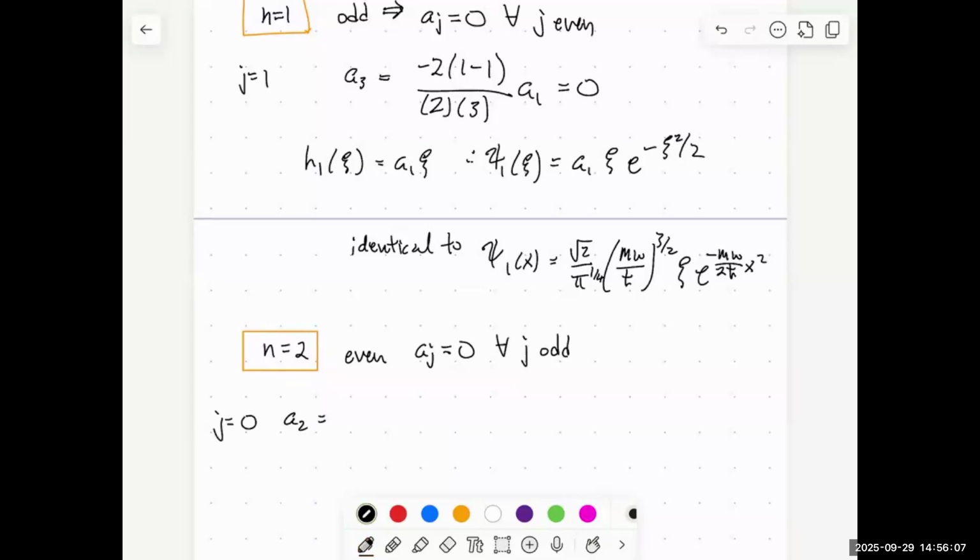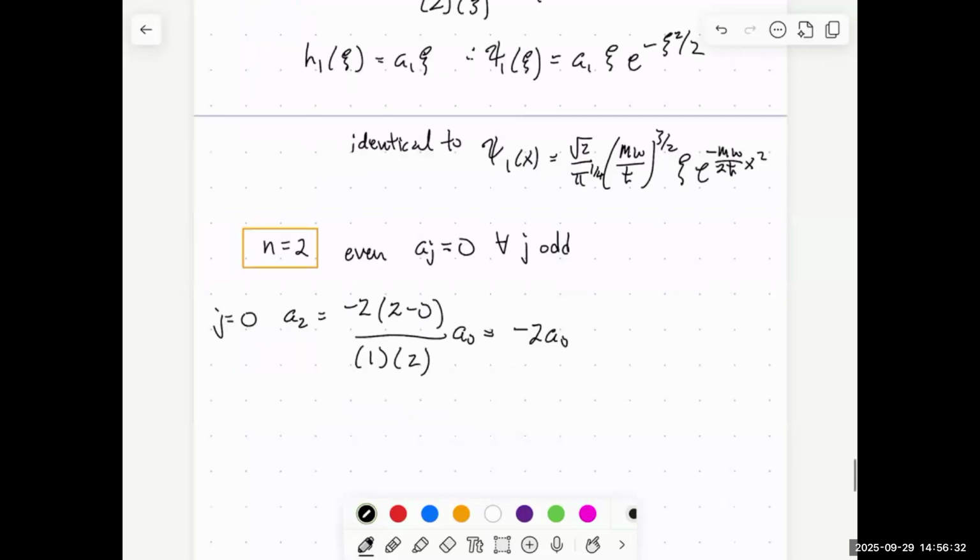But this time we're not going to get a 0, actually, our first time. So it's -2(n - j), n is 2, j is 0, divided by (j + 1)(j + 2), and multiplied by a0. So let's see, this is -4 divided by 2. I hope it's -2. Yes, -2 a0. All right.